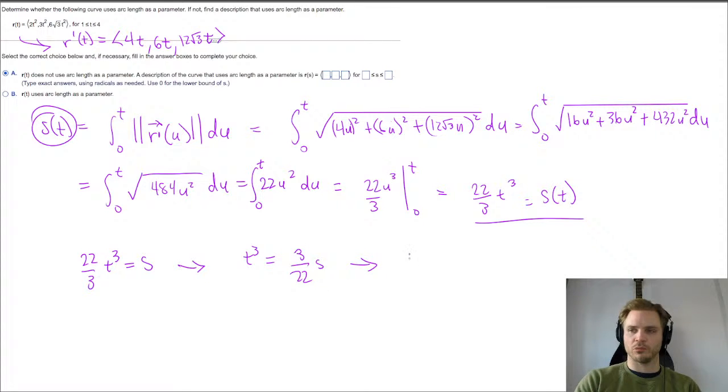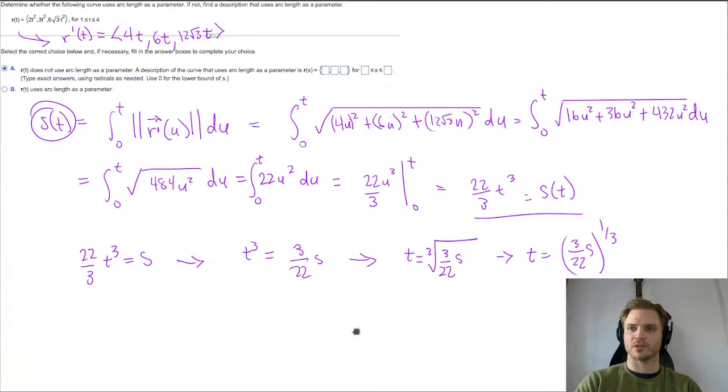Then we take the cube root of both sides, we get t equals the cube root of 3 over 22 s. I'm just going to write it in exponential form because I like that better.